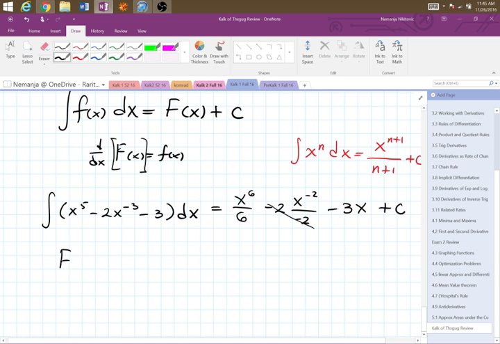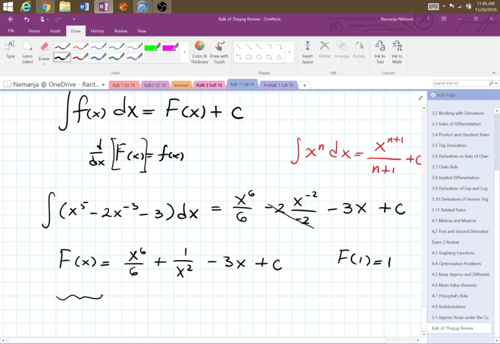So I'm getting that my antiderivative function f is x to the 6 over 6 plus 1 over x squared minus 3x plus c. And we can use the fact that f of 1 is 1 to compute the value of c.